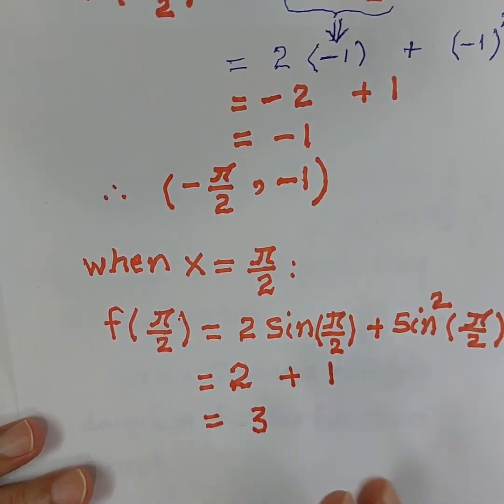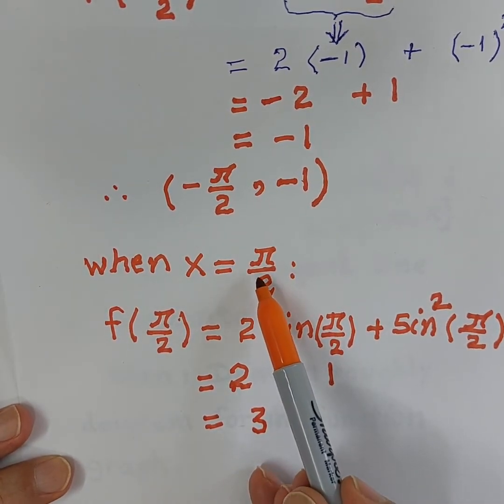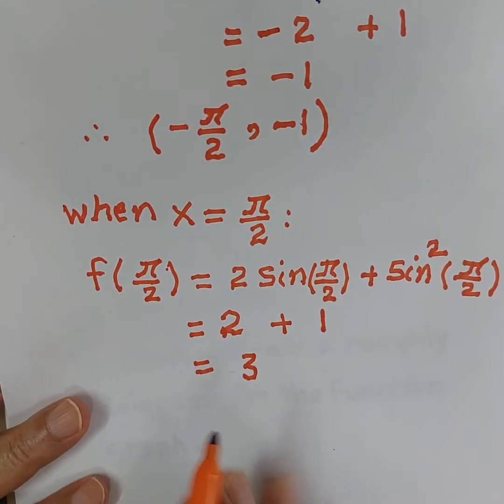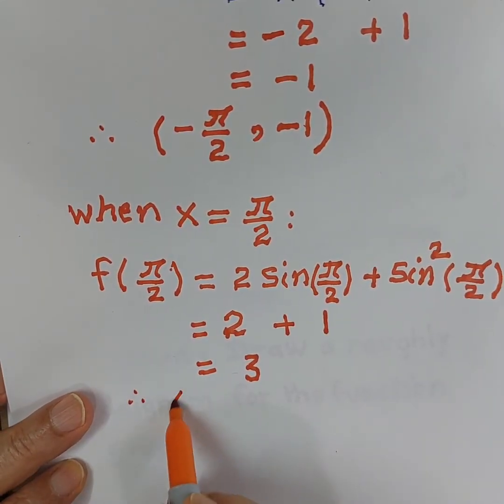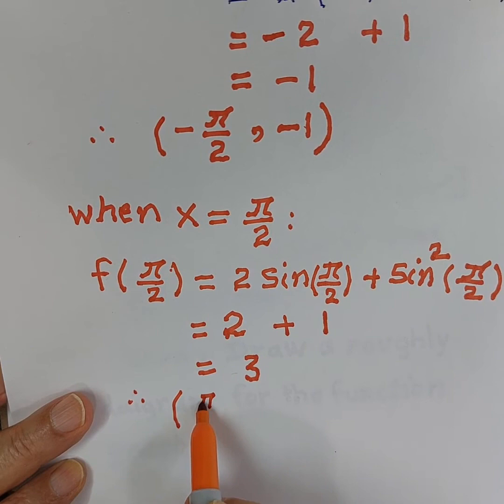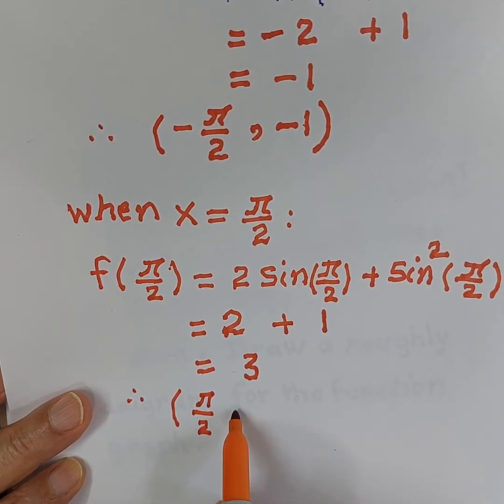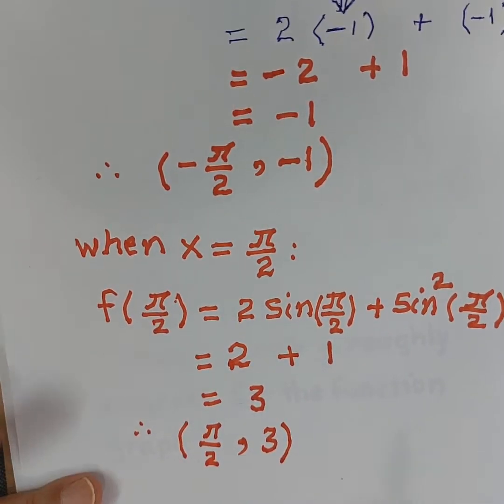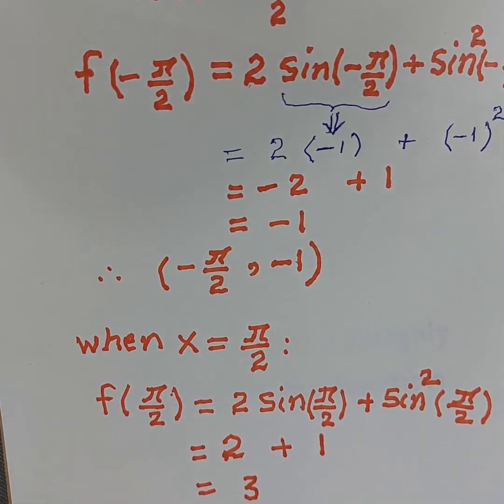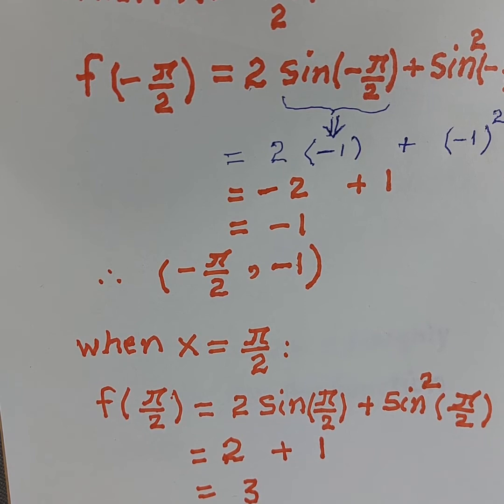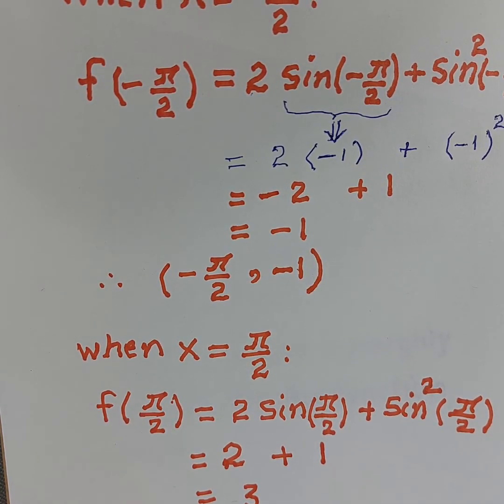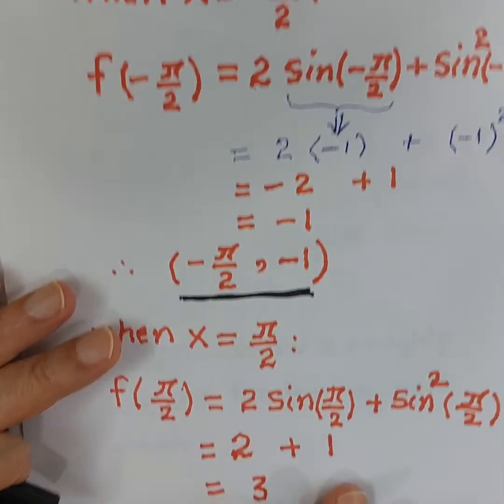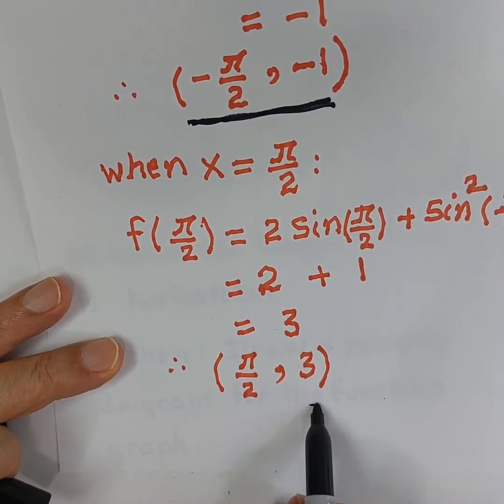So the point is x is pi over 2 and y is 3. So this is the second point, which is pi over 2 for x and 3 for y. Then we have 2 points here where the tangent is horizontal. So this point and this point.